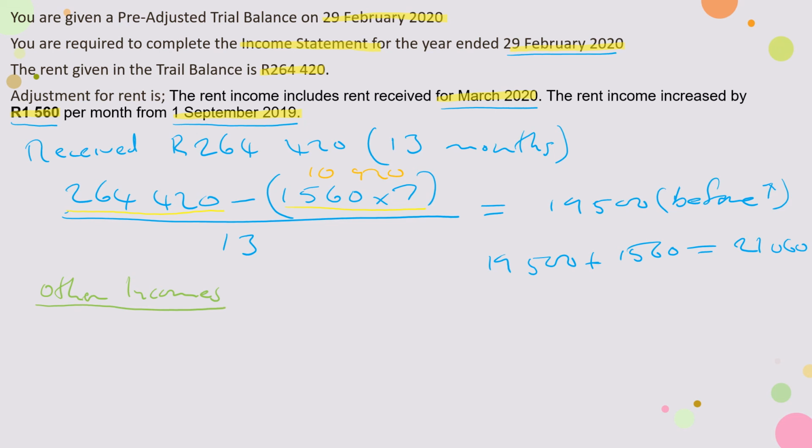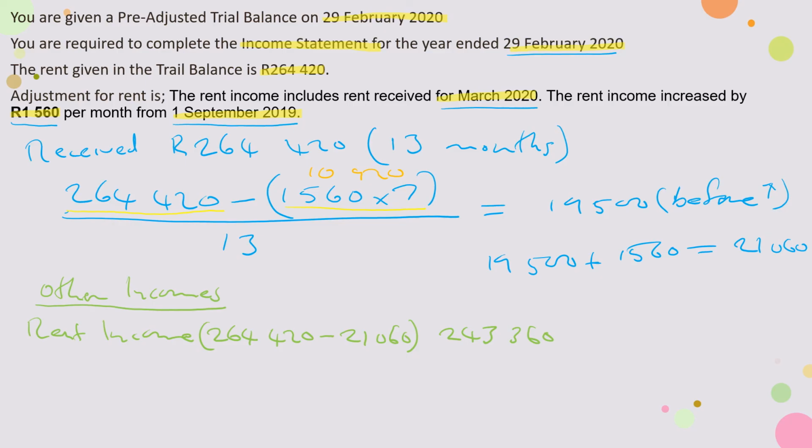You say rent income, that's 264,420 minus 21,060, that will give you 243,360. That will be the adjustment that you make.